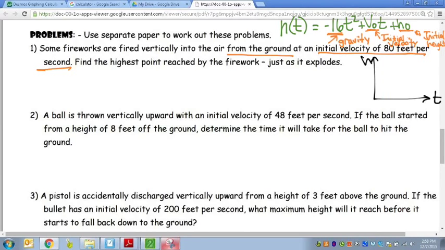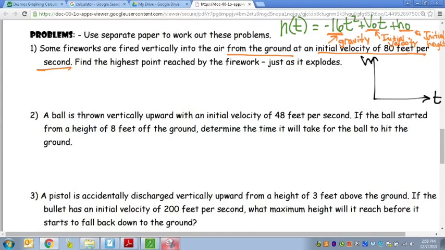Then most students say, okay, well, doesn't that mean it's doing this? Because it starts at the ground, and then as time goes, it gets higher and higher. But think about it. If I'm shooting a firework in the air, does the firework just keep going the same speed the entire time? No. Just like anything you throw in the air, it starts fast, but then it starts to slow down, and when it reaches the top, it starts coming back down.